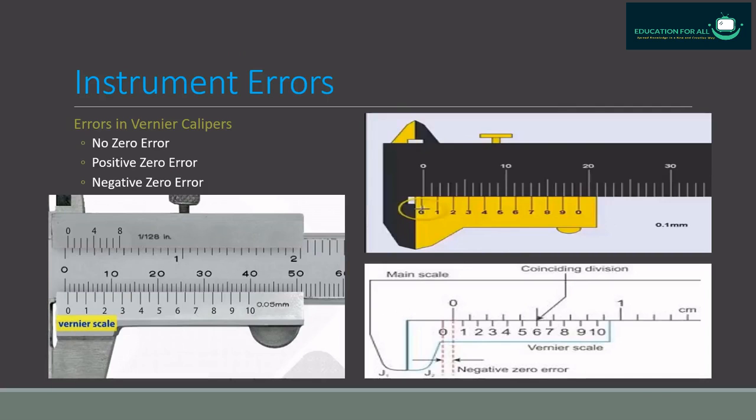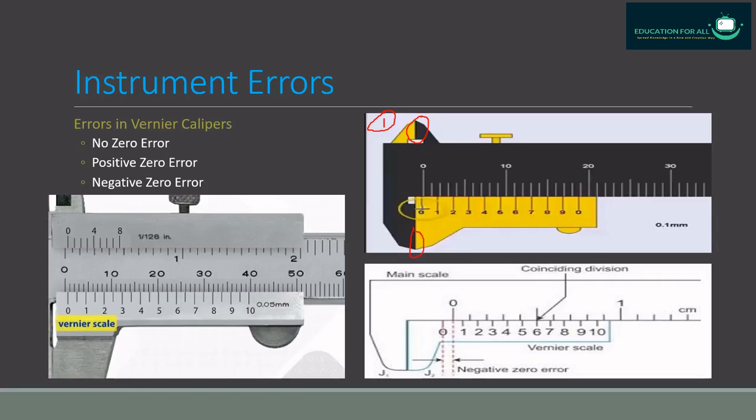Now come to the instrument errors. There are 3 types of errors which any vernier caliper may have. First of all, see this first picture. By joining the jaws like this, as you know there is nothing inside the jaws.